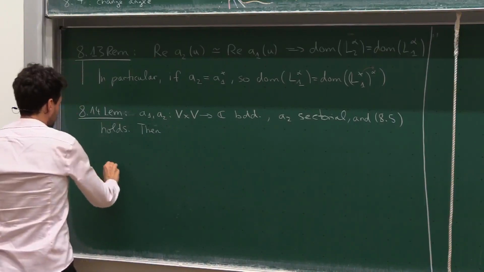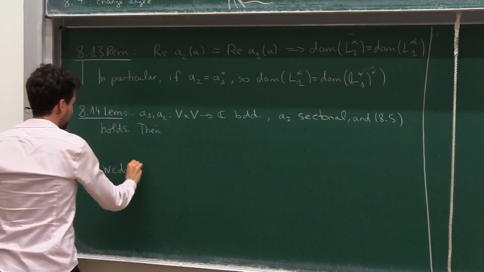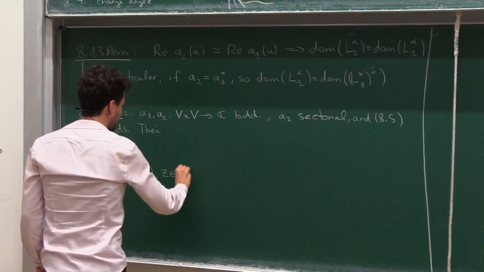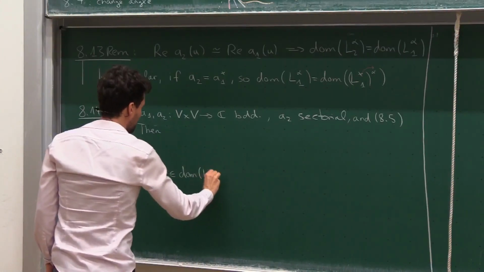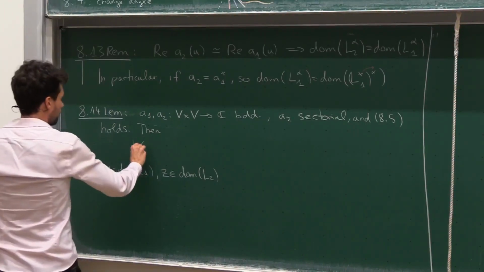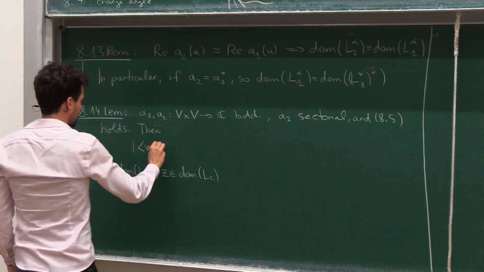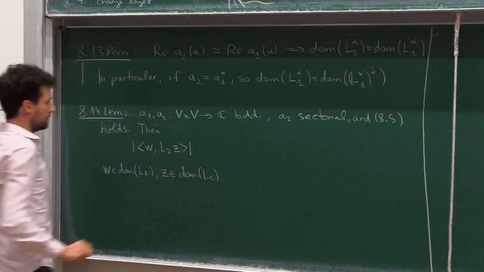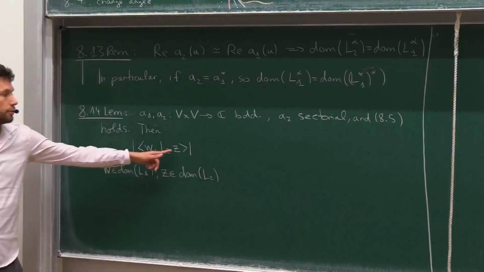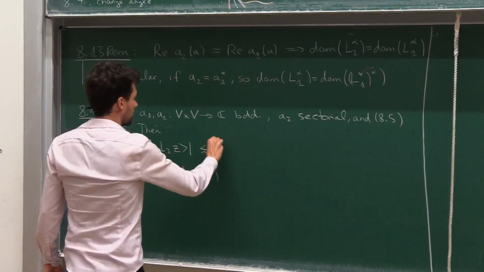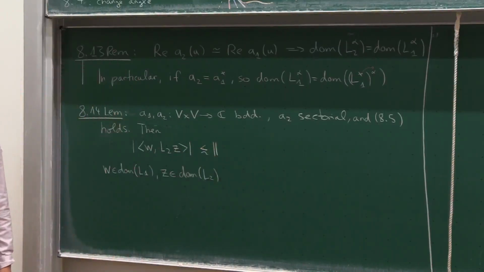Whenever I take W in the domain of the operator and I take Z in the domain of the other operator, then I can produce the following estimate. I test W against L2 of Z, and I claim I can control it by the product of 4 terms.